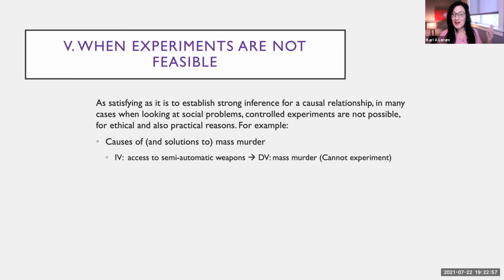We have a lot of observational studies, from a lot of different comparative analyses, that it seems like places that have high access to semiautomatic weapons also have higher rates of mass murder. But you can't do an experiment on this, right? Because you can't ethically manipulate that independent variable. You can't give some people access to semiautomatic weapons and then others not, and then just watch to see which one commits mass murder more.